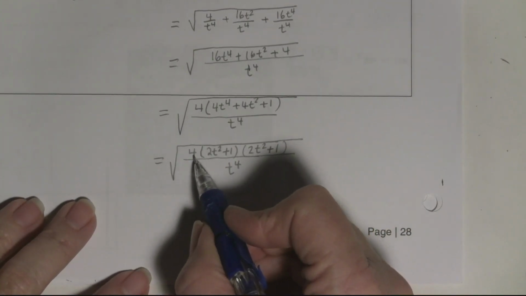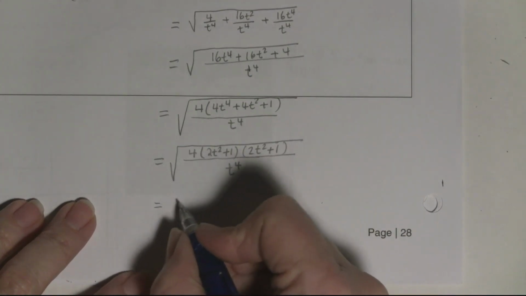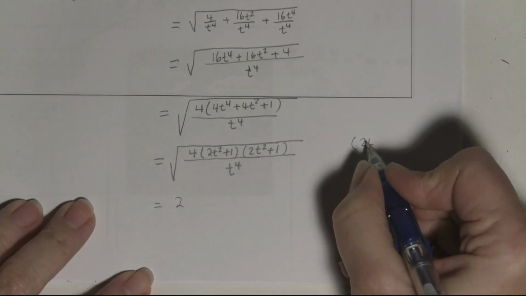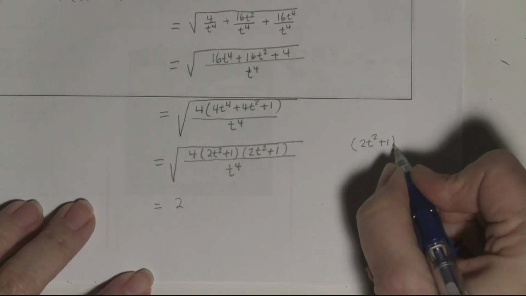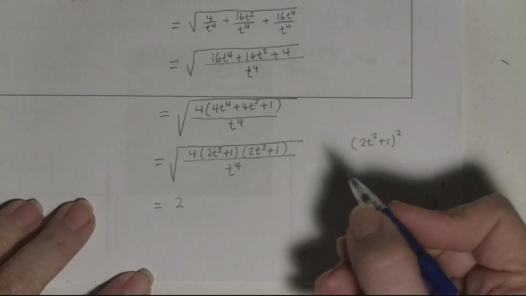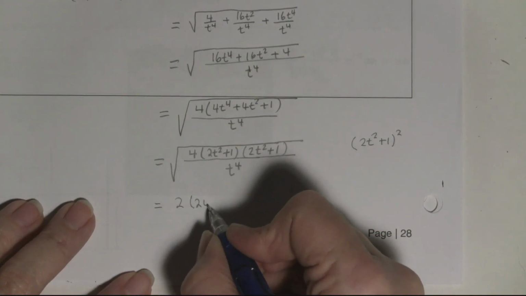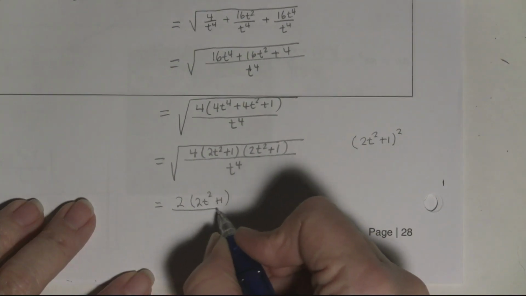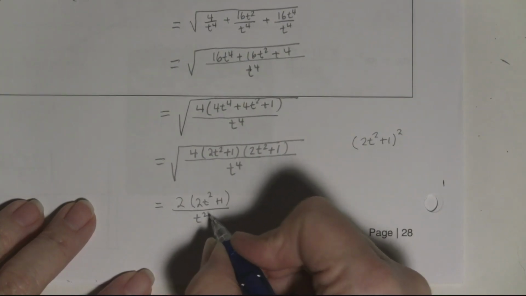So the square root of 4 is 2. These are repeated, right? So you could write this as 2t squared plus 1, squared, if you like. So when you take the square root of it, you get 2t squared plus 1 over t to the second.